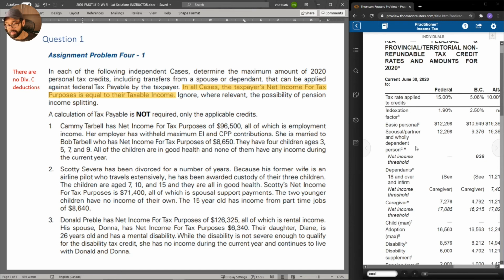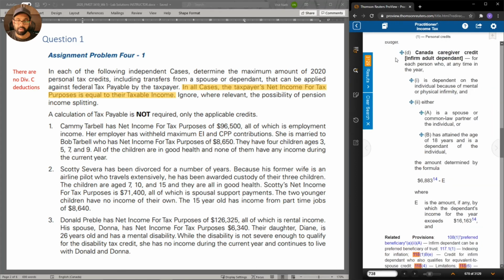Since I've got the tax reference tables open on the right, we can look at the caregiver credit here of 7,276. And I'd also like us to take a quick look at where that is in the Income Tax Act. That will be section 118, subsection 1, paragraph D, is where we see the Canada Caregiver Credit.